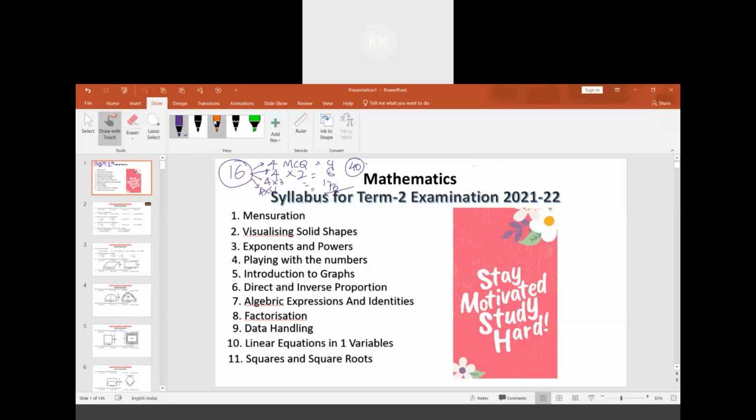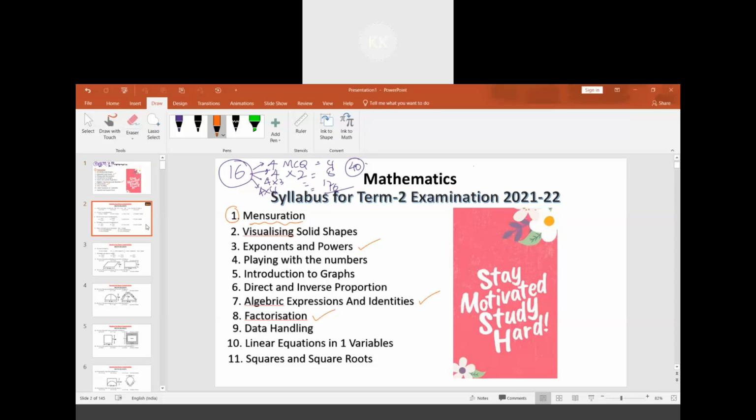We have done revision of exponents and powers, factorization, algebraic expression and identities. So in continuation with the revision, I would like to take this mensuration chapter, which is quite a large chapter. We shall do the revision of this chapter first.